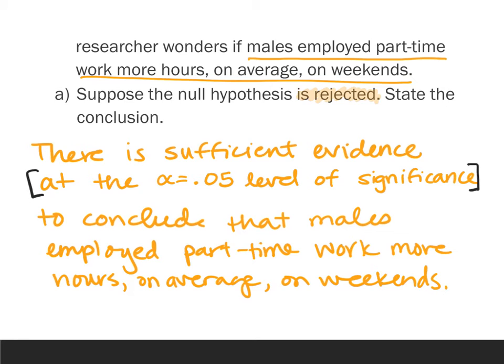And again, we just want to be as clear as possible of why we made our decision and what we used in order to do that. So we've got our level of evidence, we've got our level of significance, and then we have our context. What was it we were trying to use that evidence to decide? So in this case, we concluded that males employed part-time work more hours on average on the weekends.